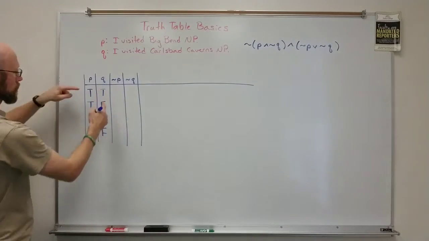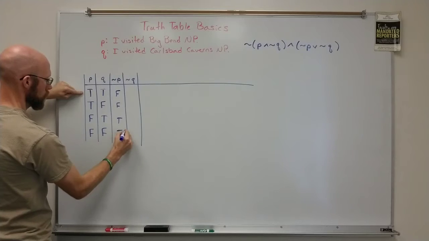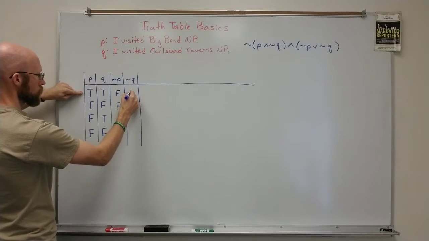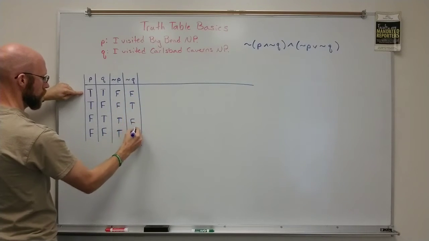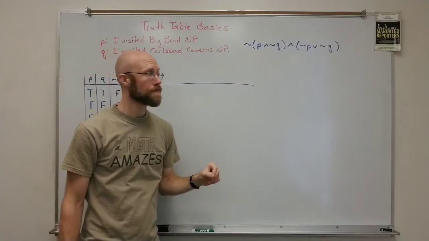So not P is the opposite of P, so it's going to be false, false, true, true. And not Q is the opposite of Q, so it's false, true, false, true. Okay, so I've got two of them done.